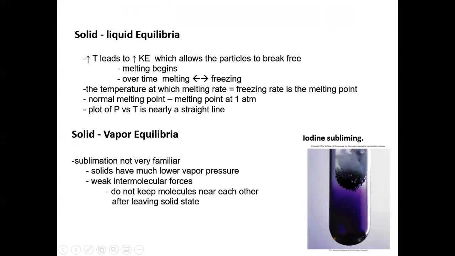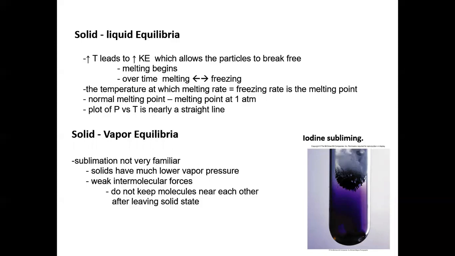So we also have solid-liquid equilibrium and solid-vapor. As you increase the temperature of your solid, you increase the kinetic energy within the molecules, which allows eventually for the particles to break free, and then melting begins. Over time of this solid-liquid equilibria, you have an equilibrium between the melting of your solid and the freezing of your liquid.